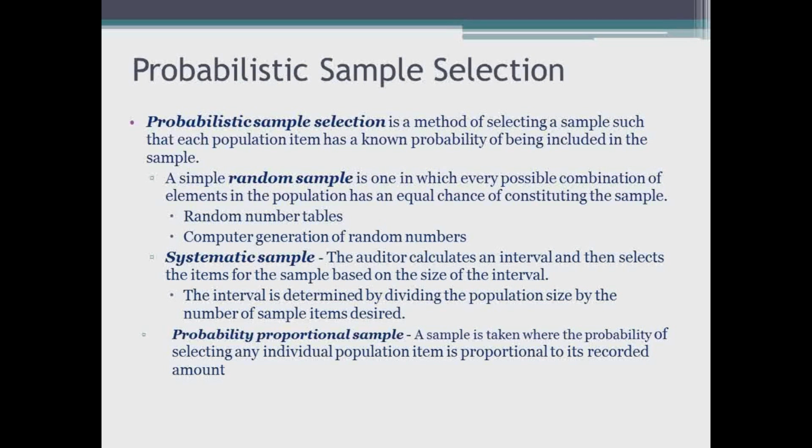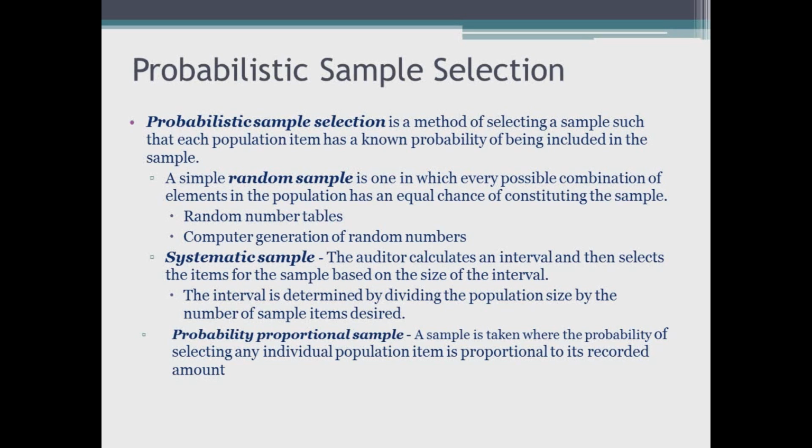So again, there's a much better way to select a sample than pulling $1 out of your pocketbook, closing your eyes, and putting your finger on the serial number, and whatever comes up is what you do. Systematic sampling is where the auditor calculates an interval, and then based on that interval decides the sample size, right?